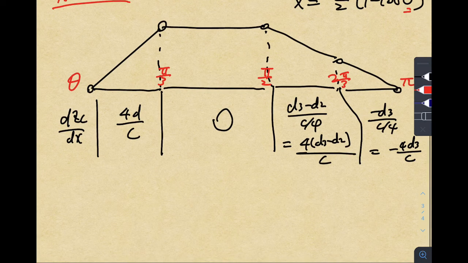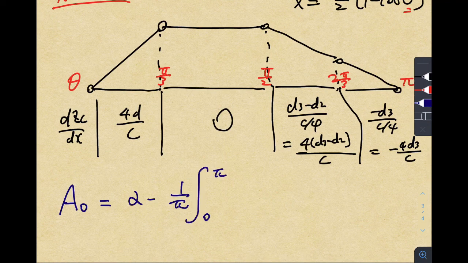So now we can integrate these things, because if you recall our expressions, A naught, for example, is alpha minus 1 over pi times the integration from 0 to pi of the slope, which will be integrated as a function of theta, times d theta. But here we know that as theta changes, the slope is a piecewise constant function.